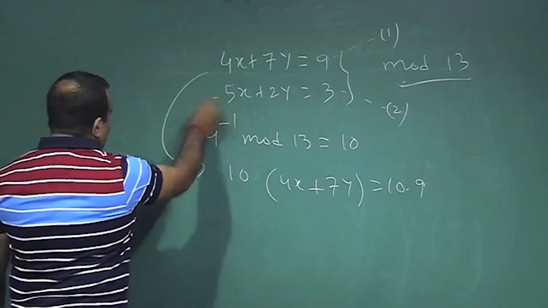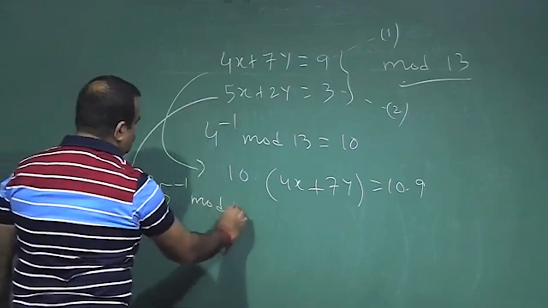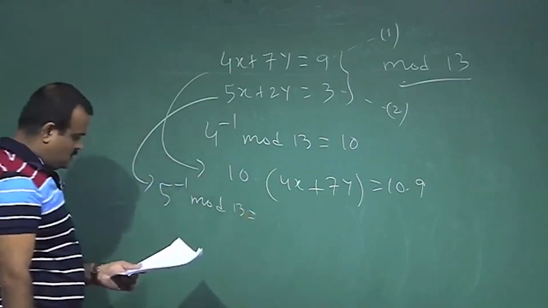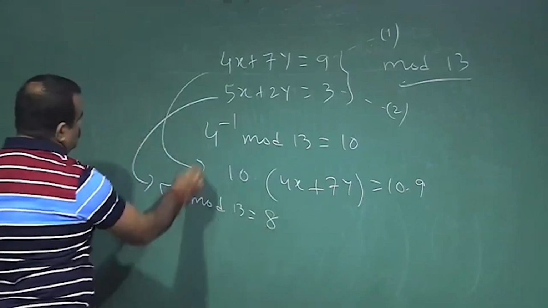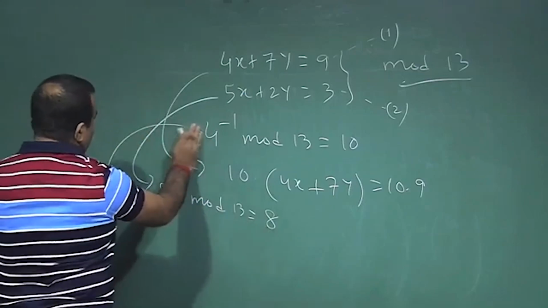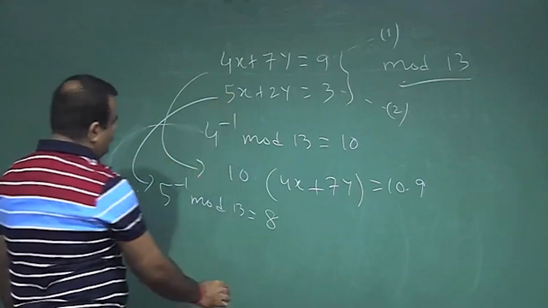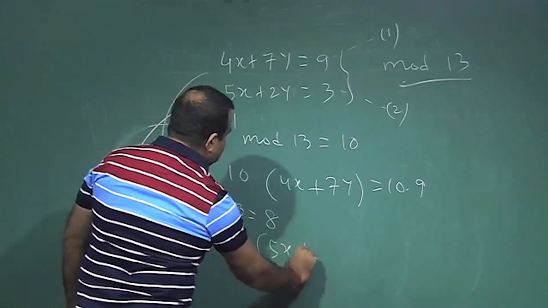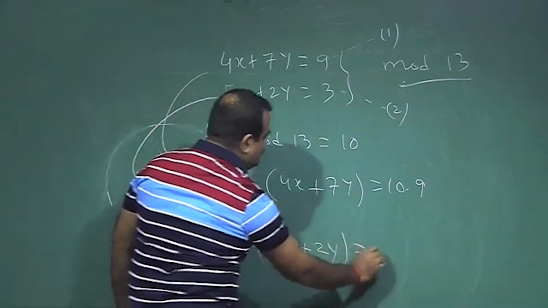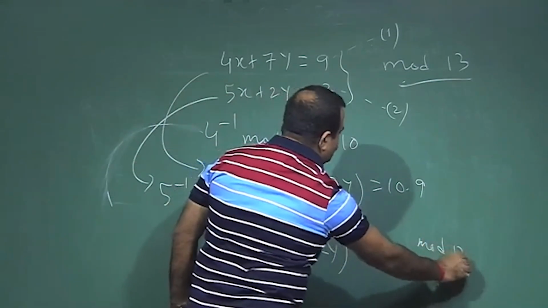Similarly, 5 inverse mod 13 is 8. So we multiply the second equation by 8: 8 into (5x plus 2y) is equal to 8 into 3 mod 13. Every operation is under mod 13.